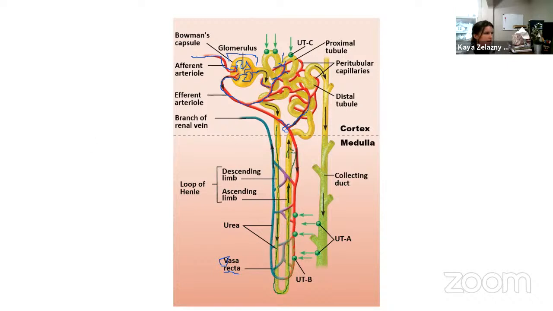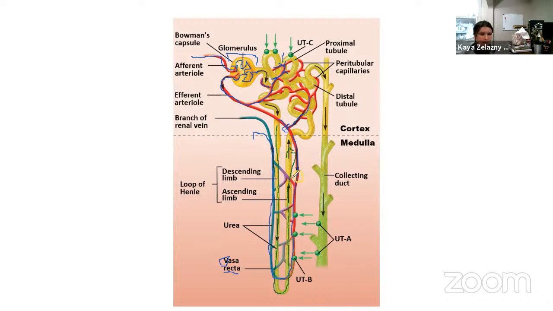But if we're tracking the blood flow in the vasa recta, you can see that it's coming down against the flow of that fluid that I just traced in green, and then returning along the descending limb of the loop of Henle.